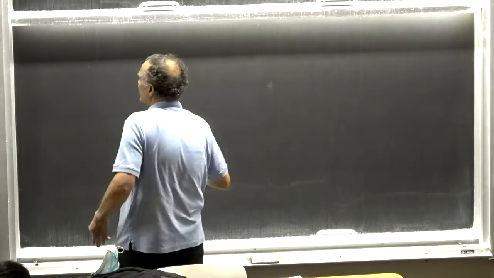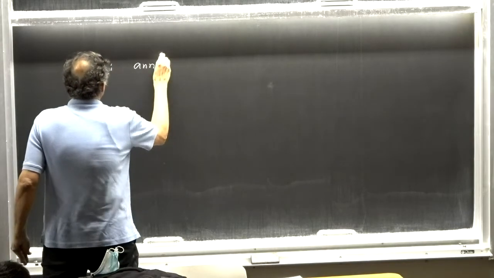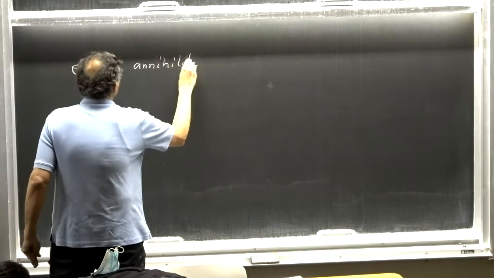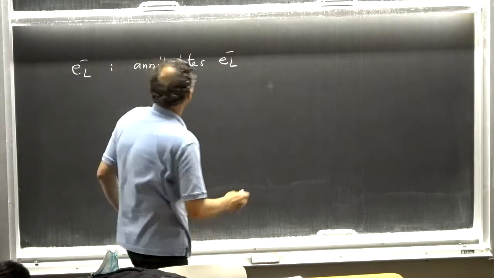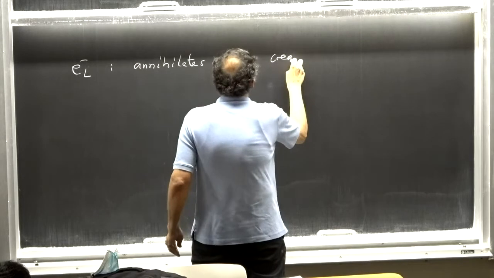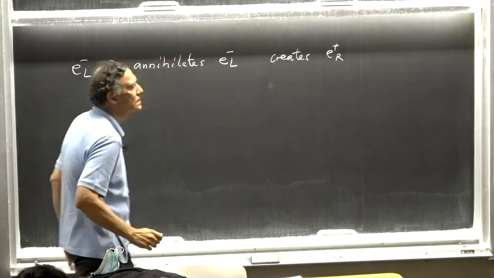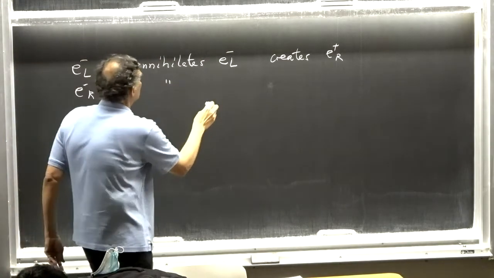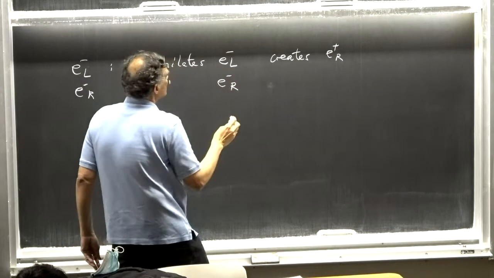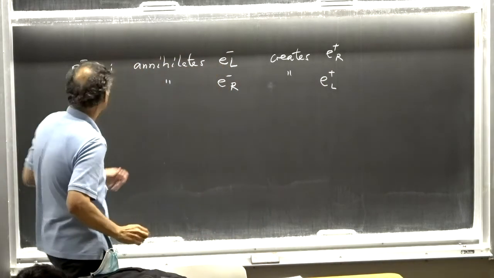So if you take e minus left, the left-handed electron field, this annihilates left-handed electrons, and it creates right-handed positrons. And the electron right field annihilates right-handed electrons, and it creates left-handed positrons.